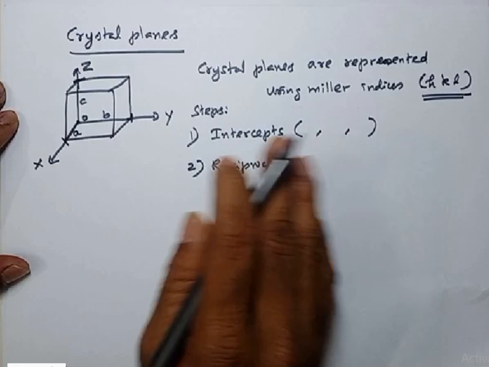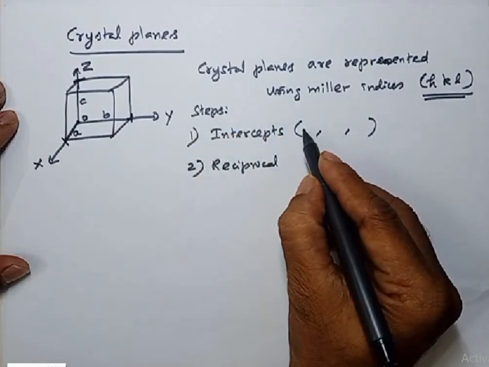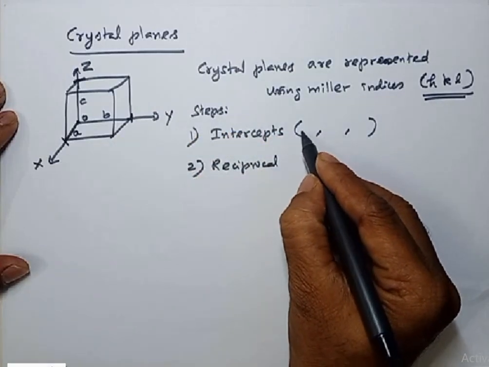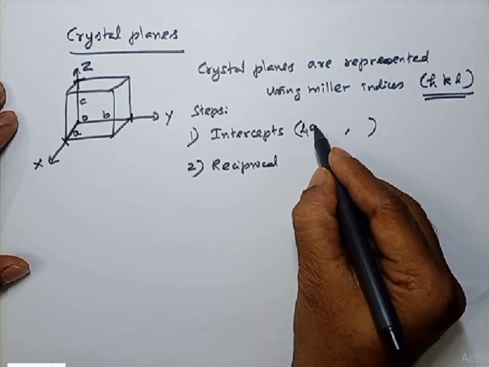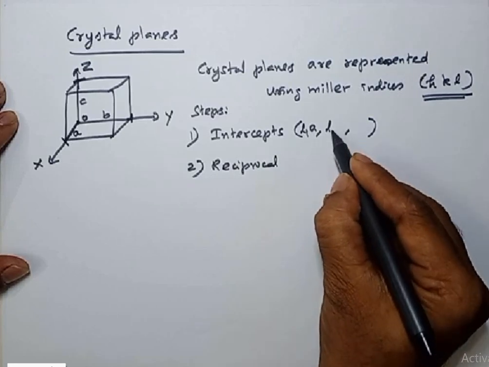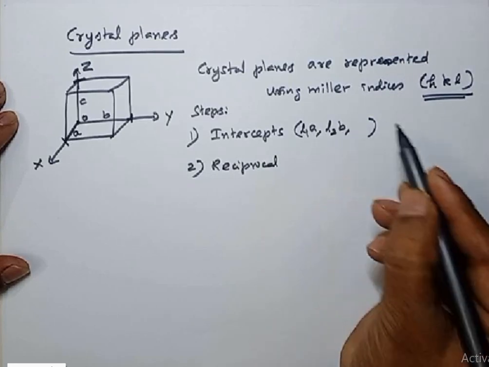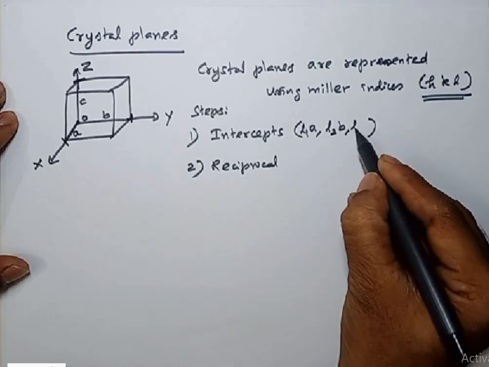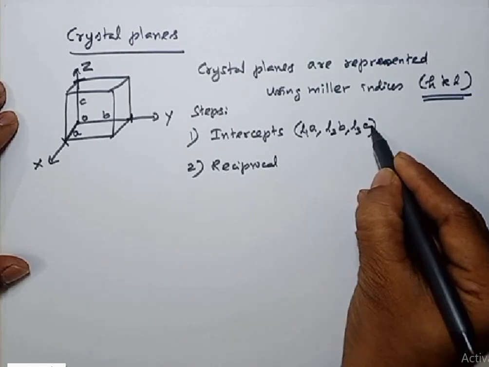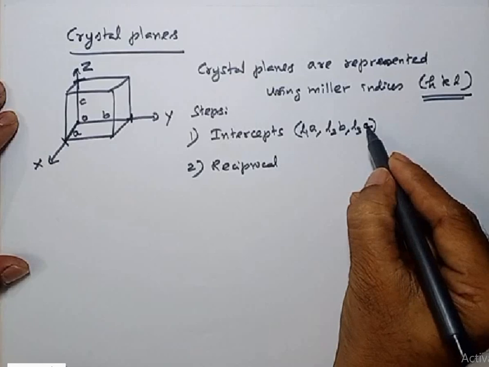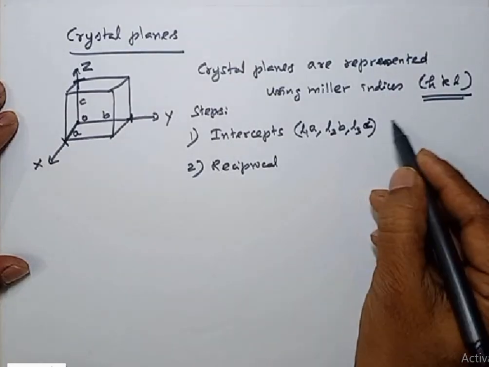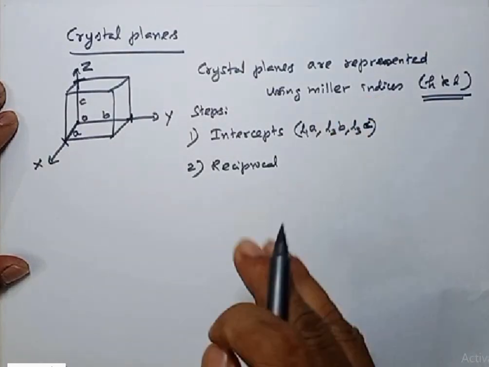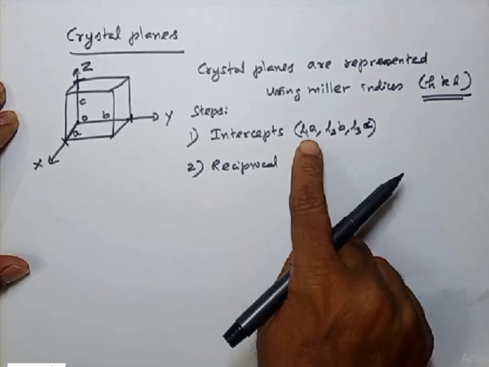We'll discuss everything as we go along. Suppose the plane makes intercepts L1 times A as the x-intercept, L2 times B as the y-intercept, and L3 times C as the z-intercept.